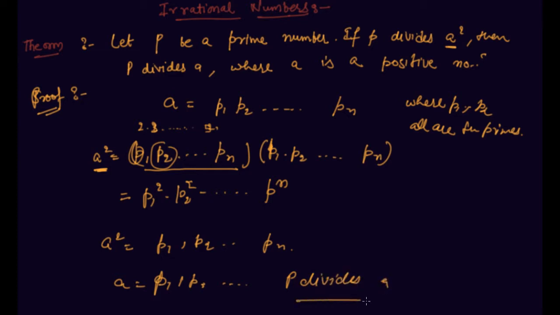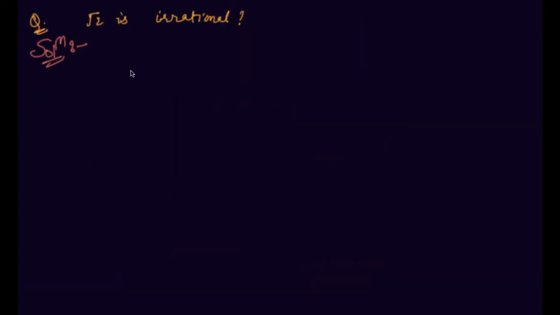Now I will give you an example of what this theorem states. Let me give you one example of what this theorem wants to say. Let me write one example first. So this is the question: we have to prove whether root 2 is irrational or not.